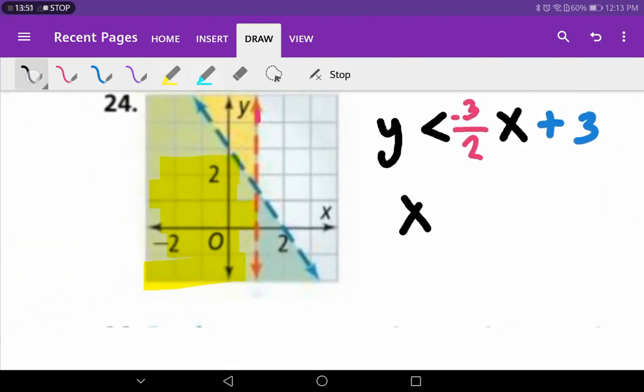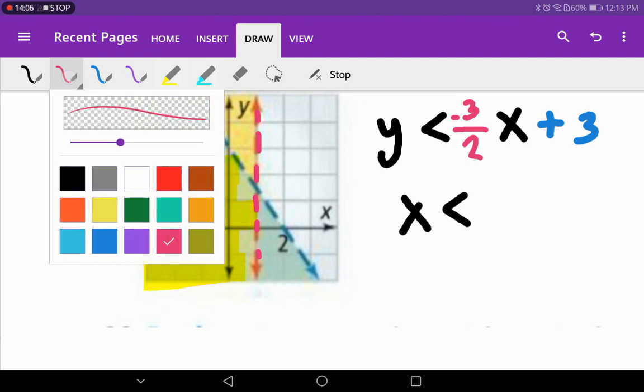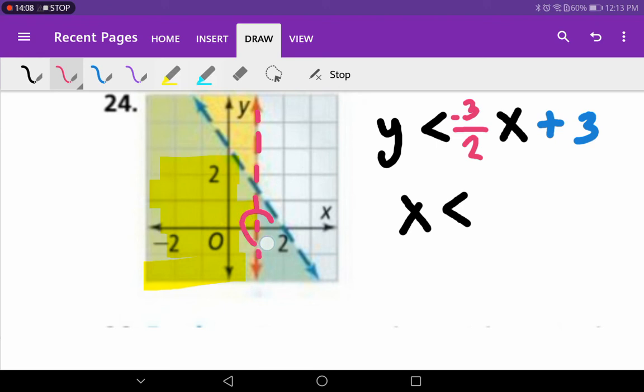Left means less again. And it is dashes. Bravo, there is no equal sign. So x less, what is the number here? Clearly it is 1. So x less than 1. We are done.